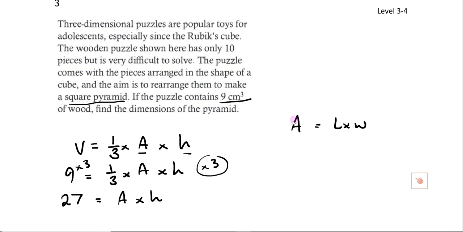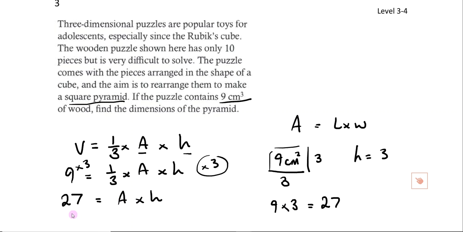So the answer that they came up with in the answers was, well, if the base, being a square, is 3 and 3, that makes the 9 centimeters squared. And if the height is then 3, we have 9 times 3 makes the 27. Okay? So 3 by 3 by 3 is the answer. However, you could have done other options, so let me know.